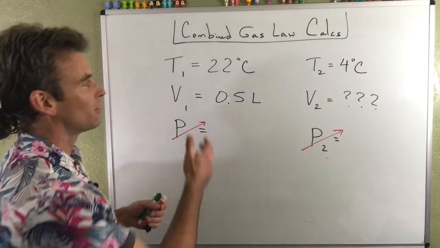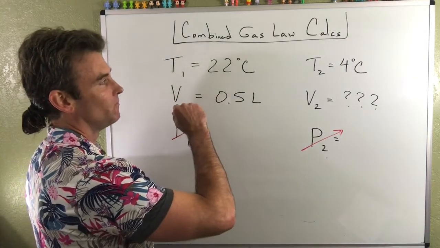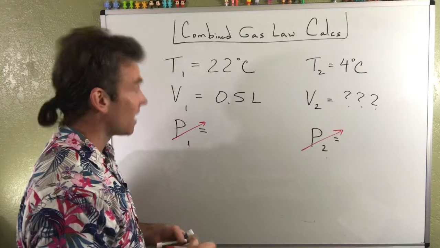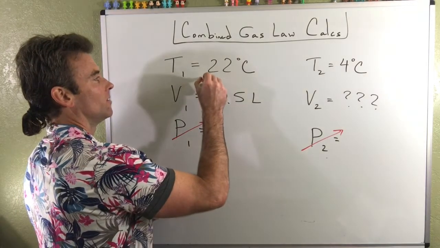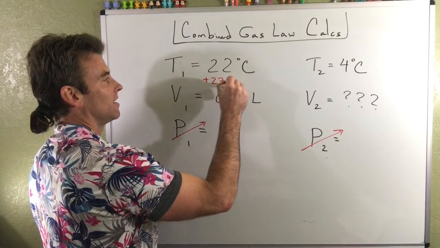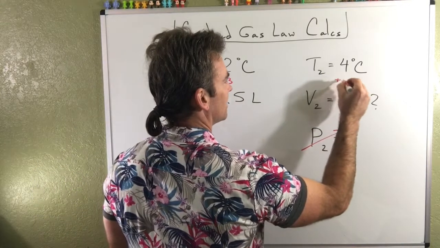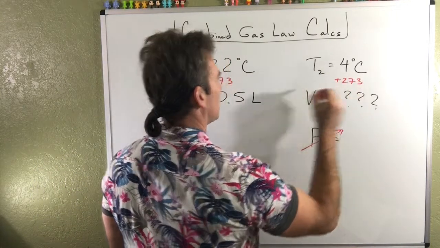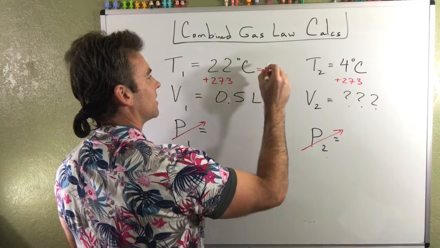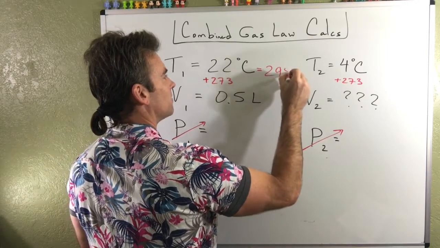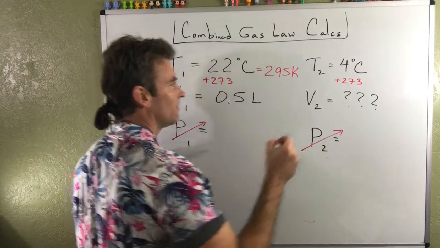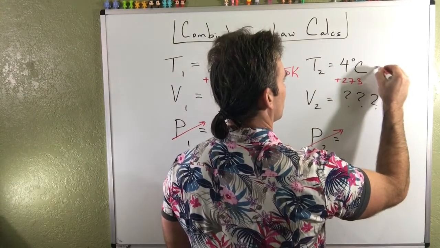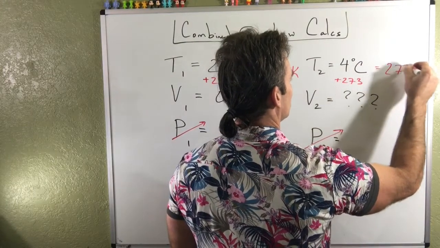I don't really have much space, but let's just write it down like this. So we're going to do a plus 273 and a plus 273. And for this guy, if I can do this complex math in my head, that's 295K, and this one is 277K.